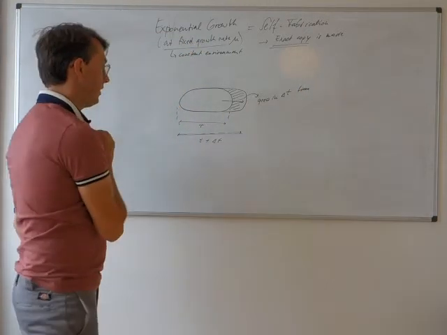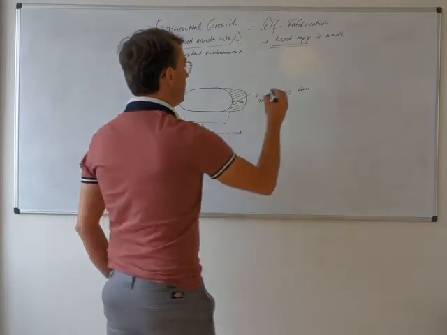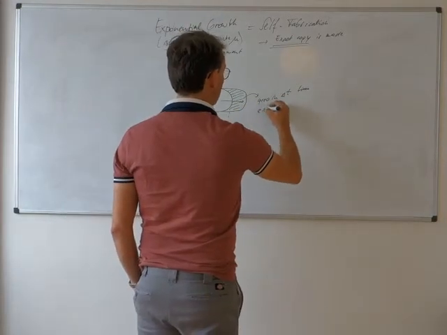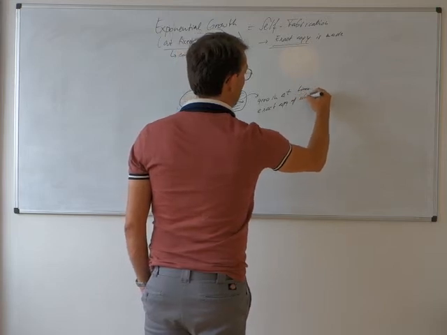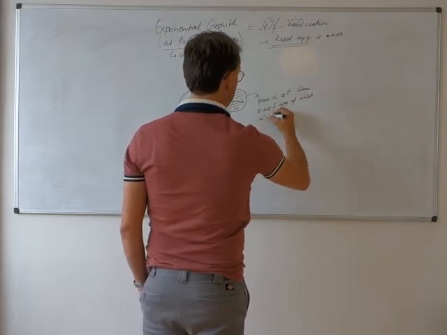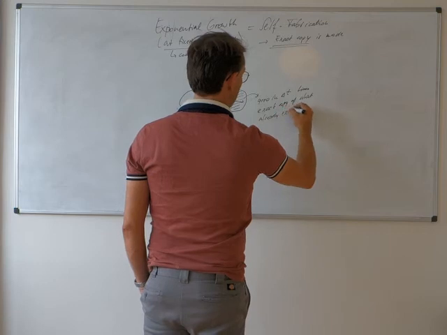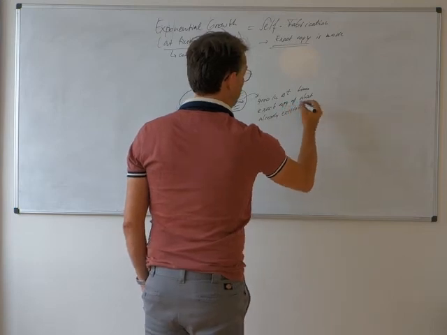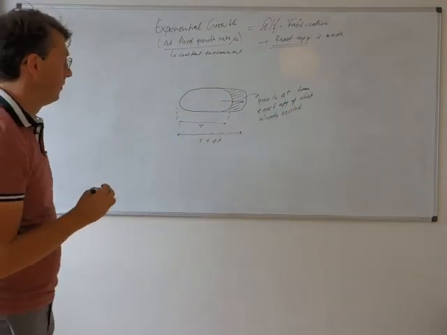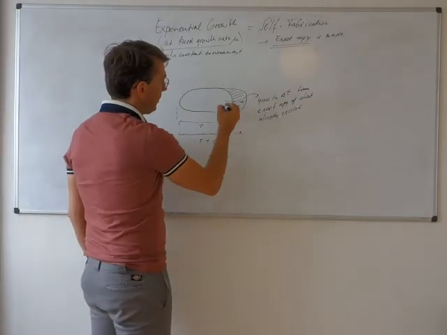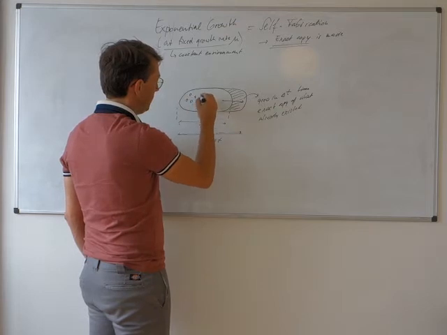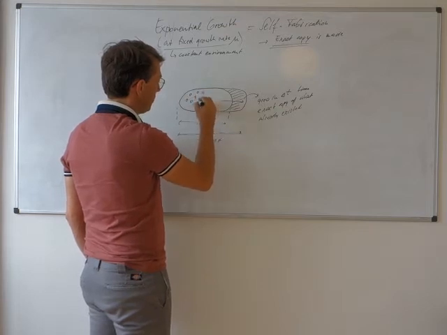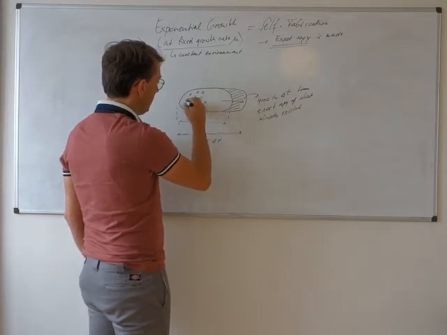This part of the cell is an exact copy of what already existed. So that means that in this part you find per volume the same number of molecules as in the old part.